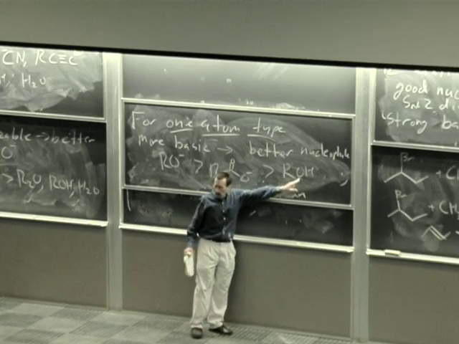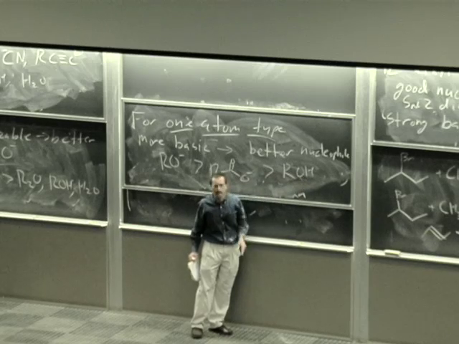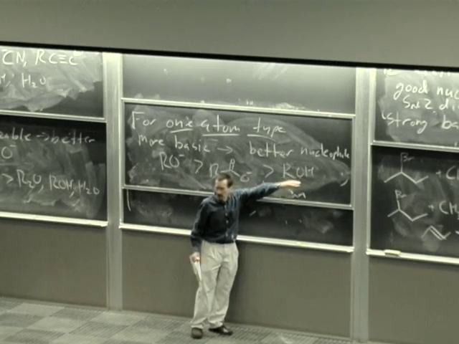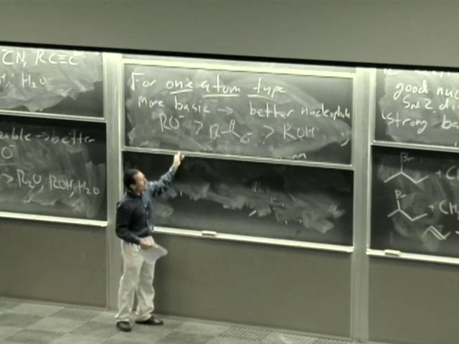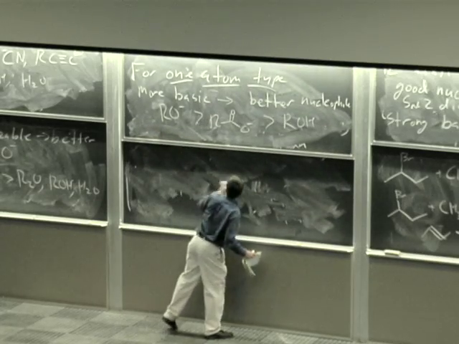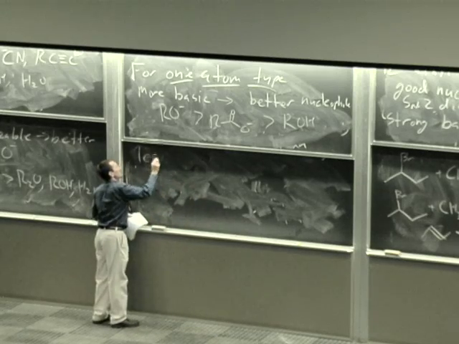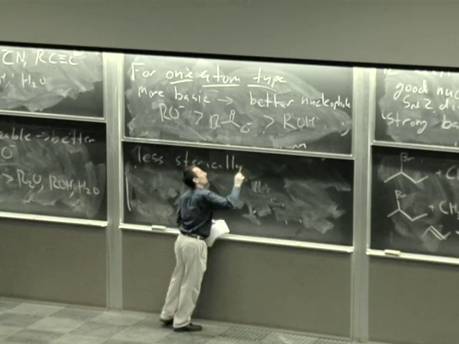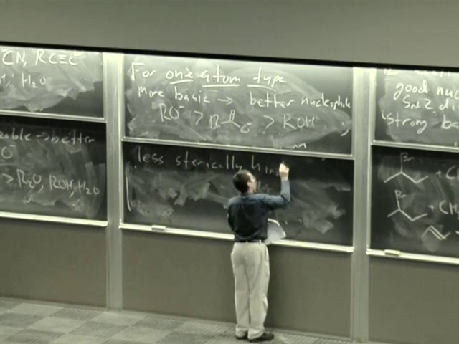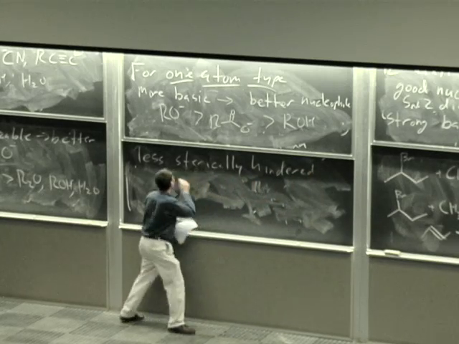The pKa of the conjugate acid of an alcohol, a protonated alcohol, is about -2, so that's not very basic at all. And the other general principle, and again, this is really comparing apples and apples, is that less sterically hindered generally means a better nucleophile.